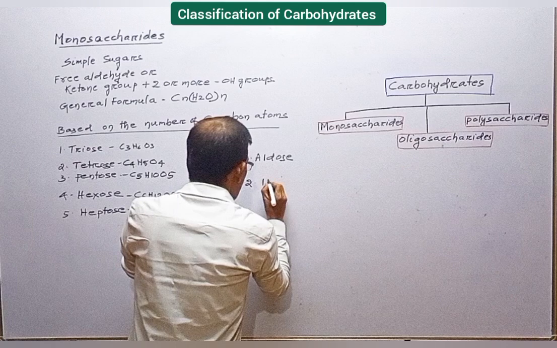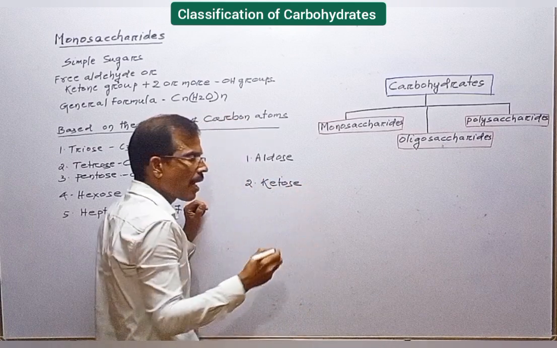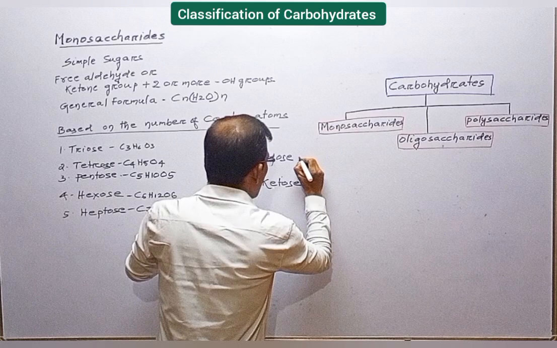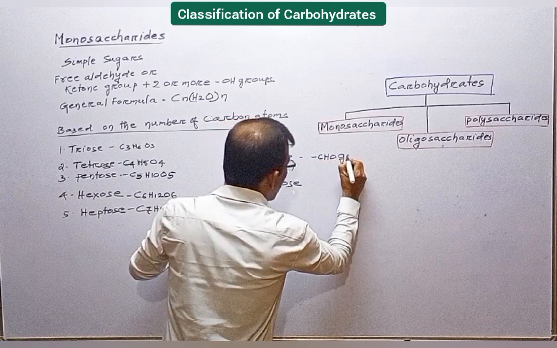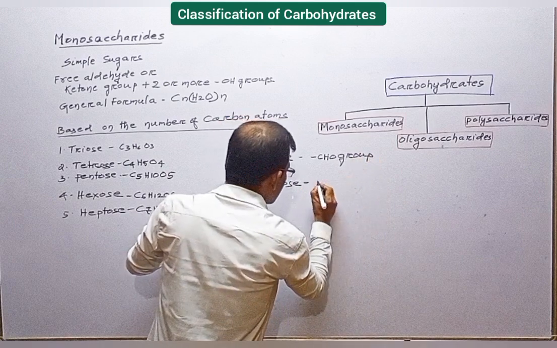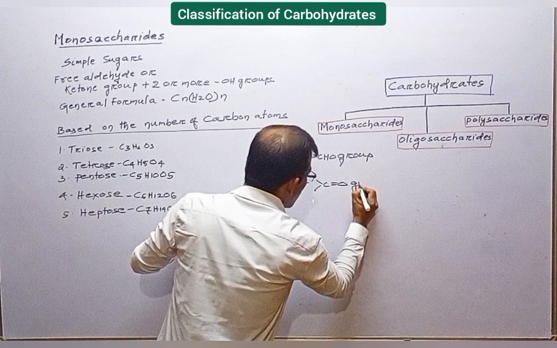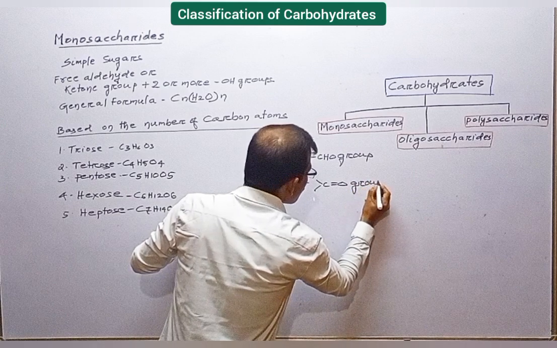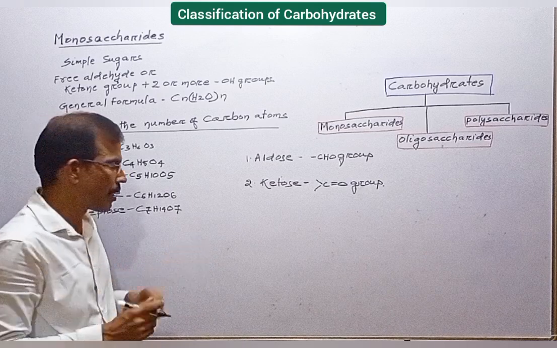or ketoses. The monosaccharide which possesses one aldehyde group is known as aldose, and that which contains a ketone group is known as ketose. These two characters can be combined into one.